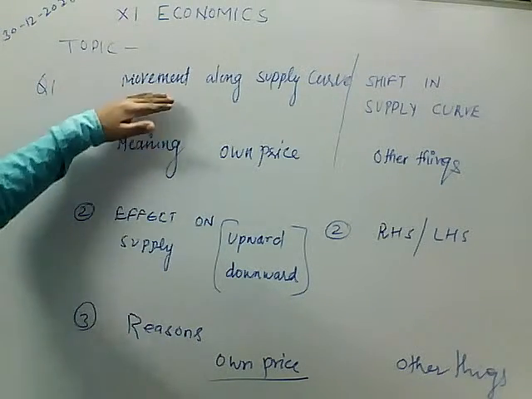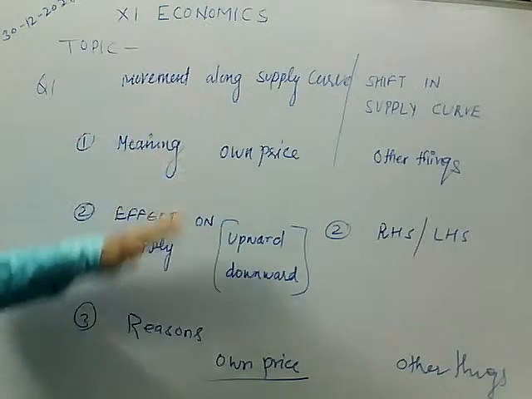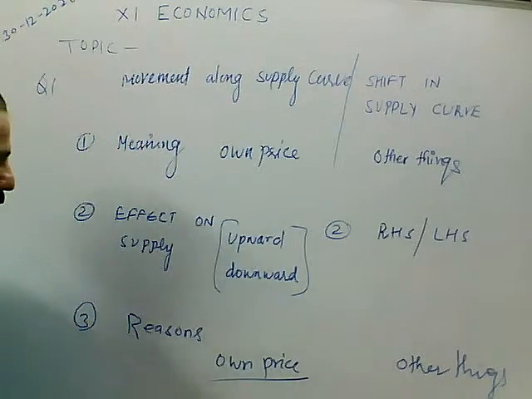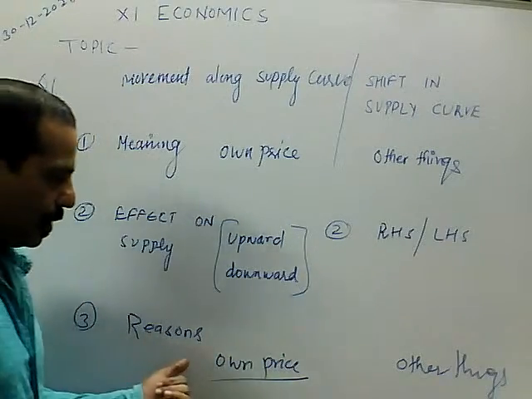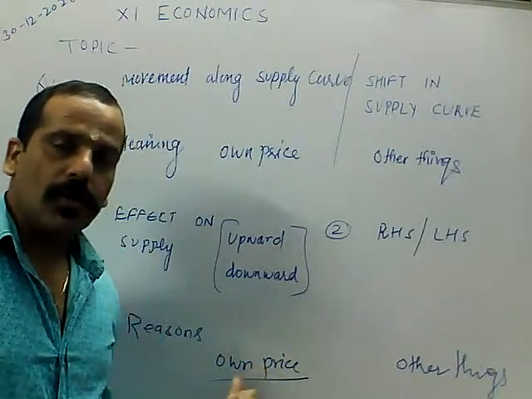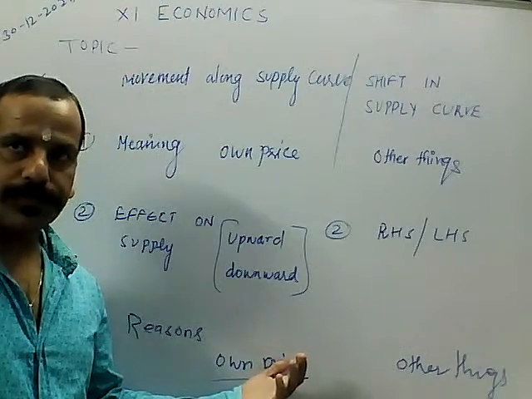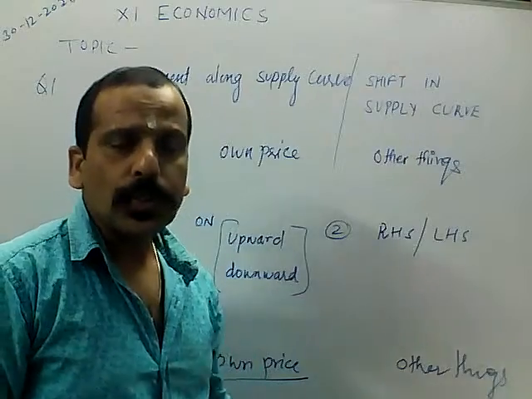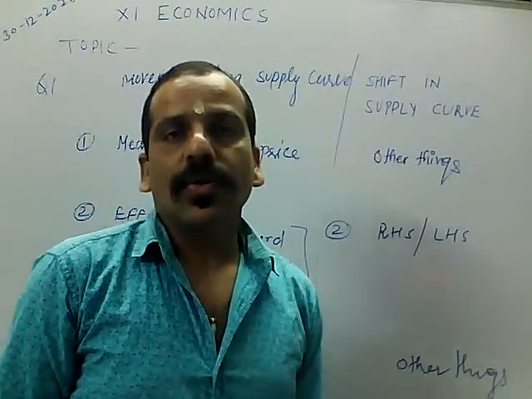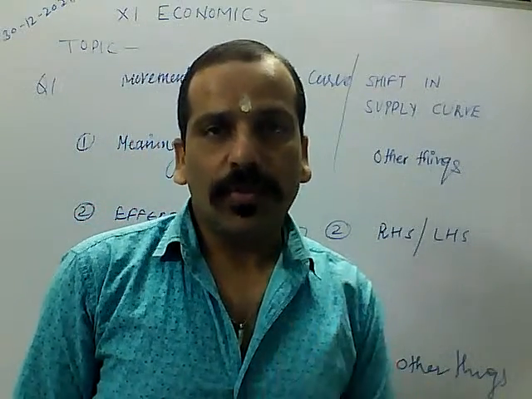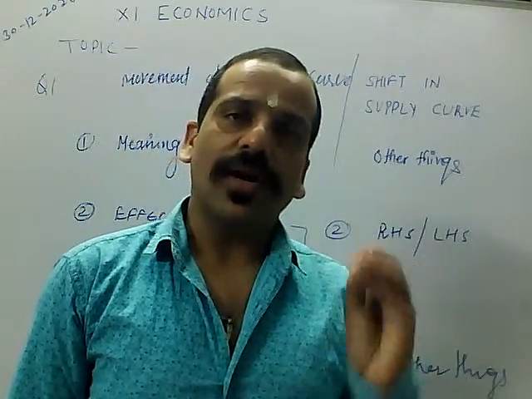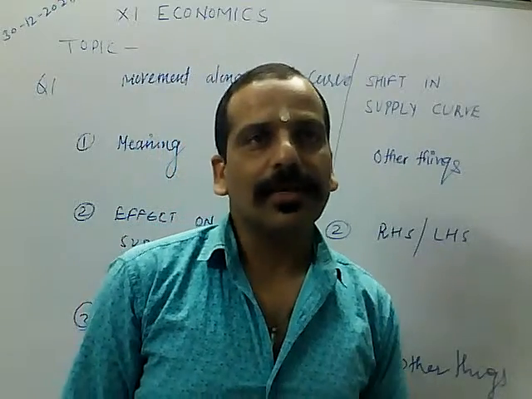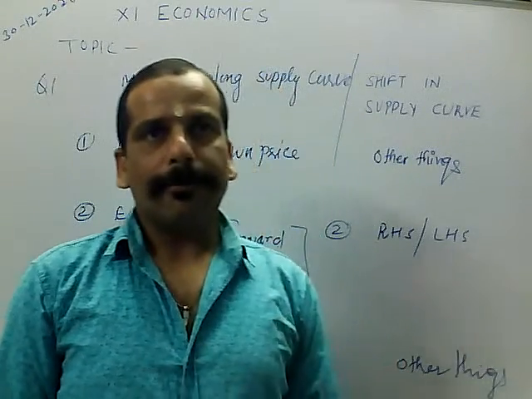Movement along the supply curve occurs due to increase or decrease in the price of the given commodity. Shift in the supply curve occurs due to change in other things, whereas the price of the given commodity, it may be X or Y, any commodity, remains constant in the market.